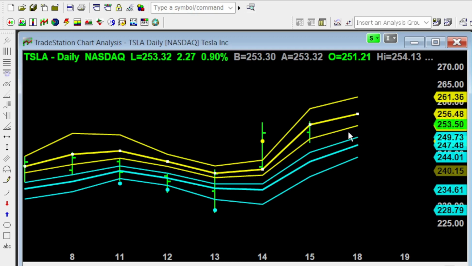Early next week, it is expected to have continuous decreasing momentum if it opens below this yellow trend line of 253, or below this second middle trend line of 256. So it will have a tendency to drop at least to $249.7, or it may drop down to this $247.